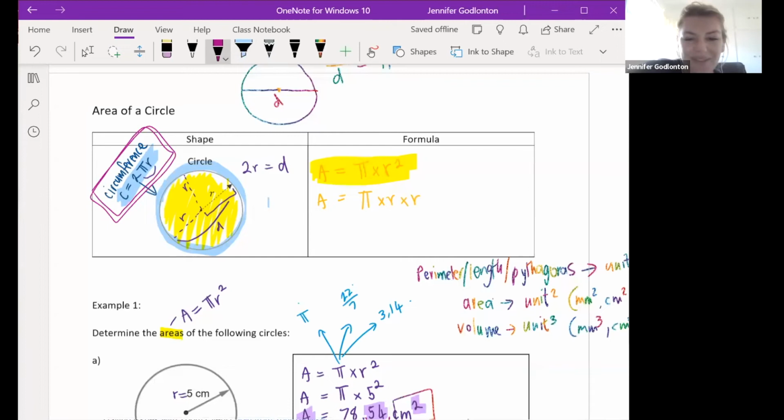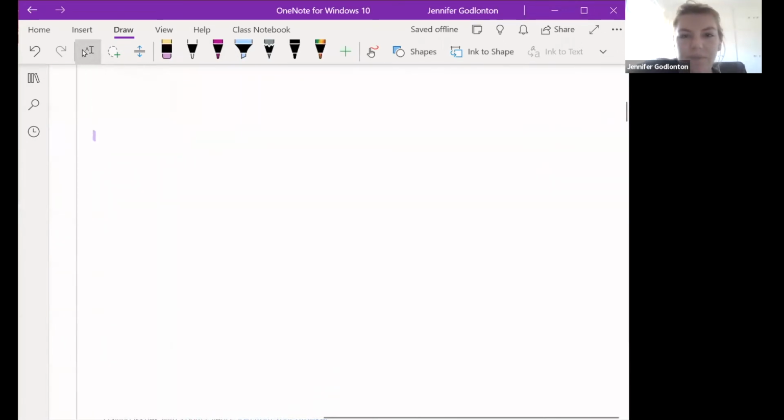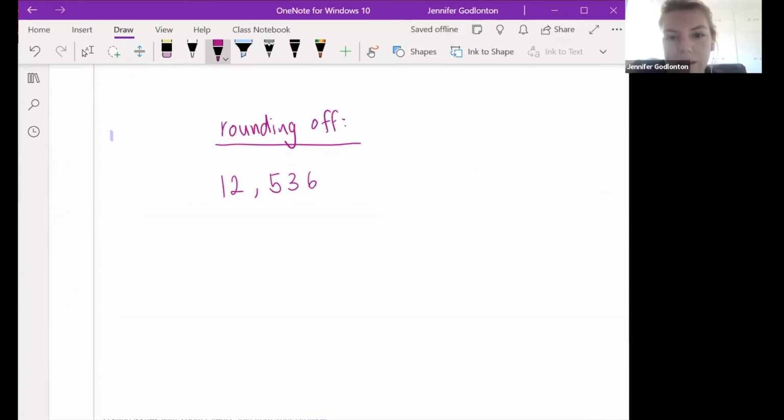No problem. Okay, for the question when it comes to rounding, I'm just going to do a little something over here for you guys when we're talking about rounding off. When we're rounding off, it always depends on what number is to the right of the number. So let's say I had 12,5 3 6 2.